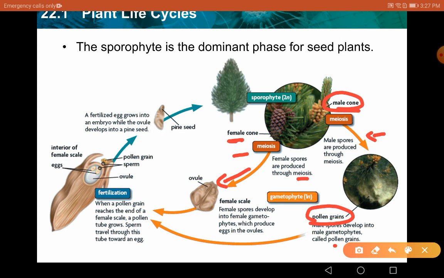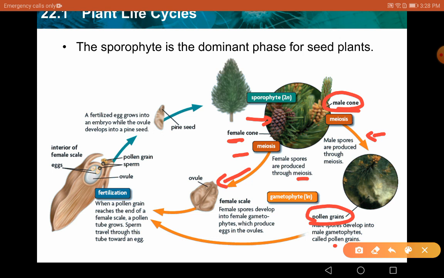If you look at this female cone, these things covering the outer part of the cone are called female scales. Each female scale contains the female gametophytes which produce eggs.